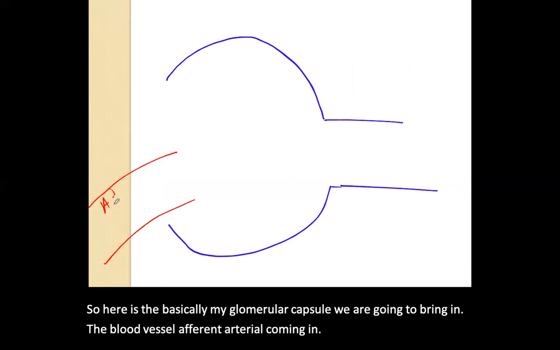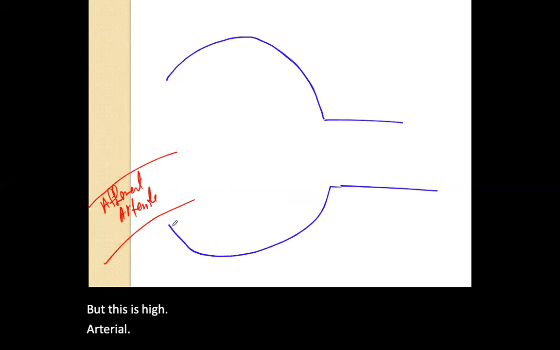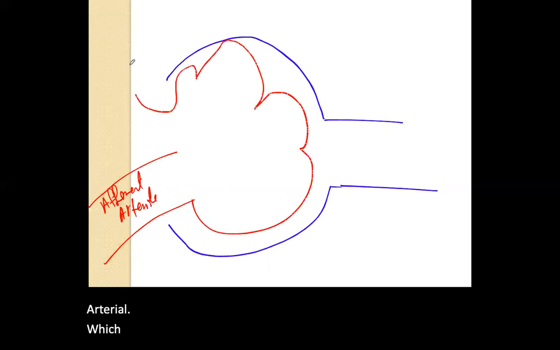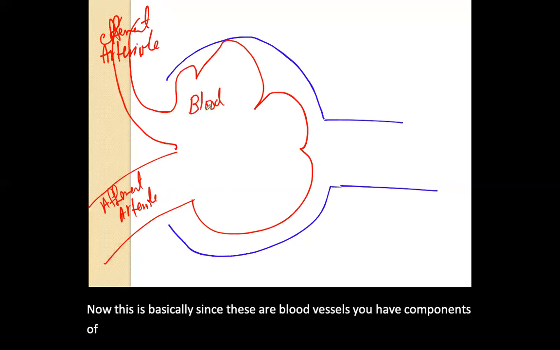So this is my afferent arteriole, which becomes my glomerulus, and then it comes out as efferent arteriole. Now, since these are blood vessels, you have components of blood inside here.